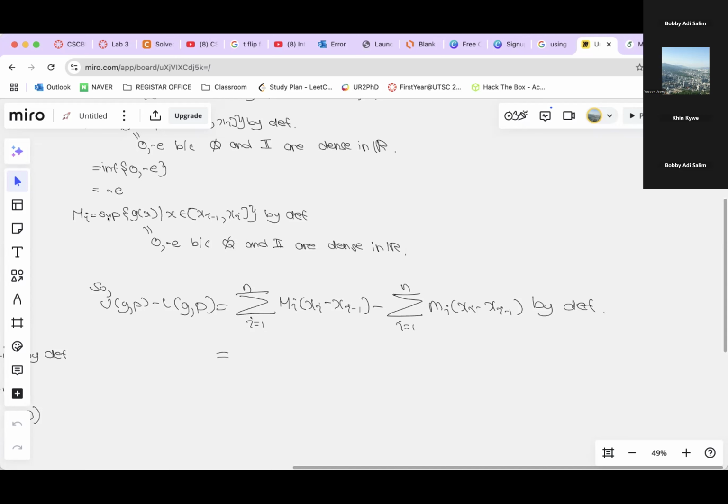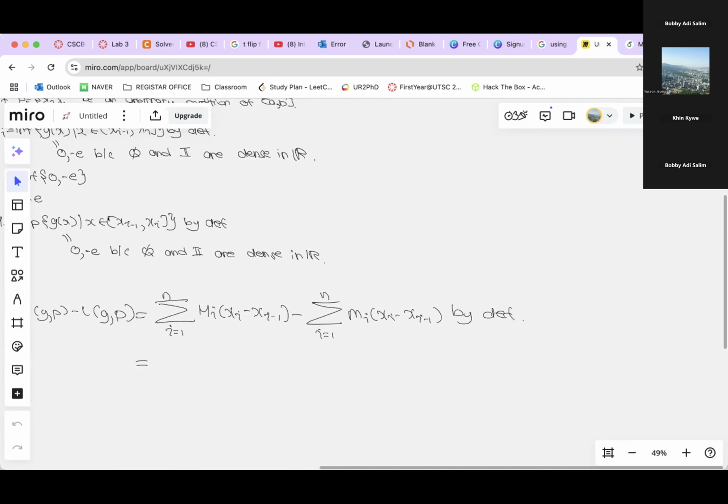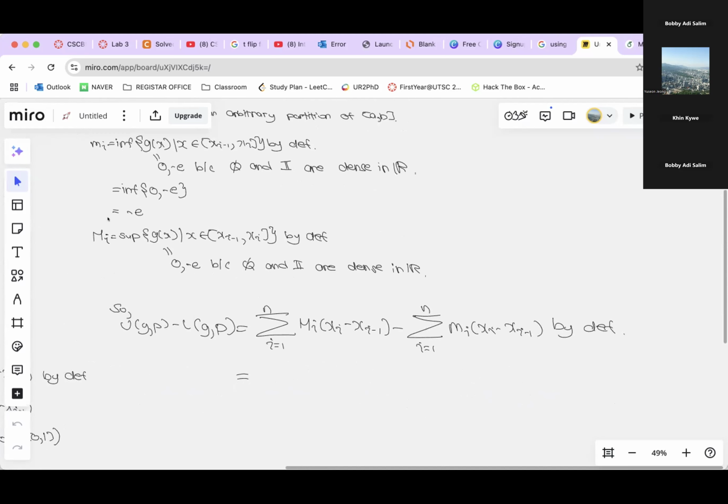So now we have to sub in the values. So we have negative E for the small mi and 0 for the big Mi. Wait, let me write it here. So the supremum is going to be 0, and the infimum is going to be negative E by definition.